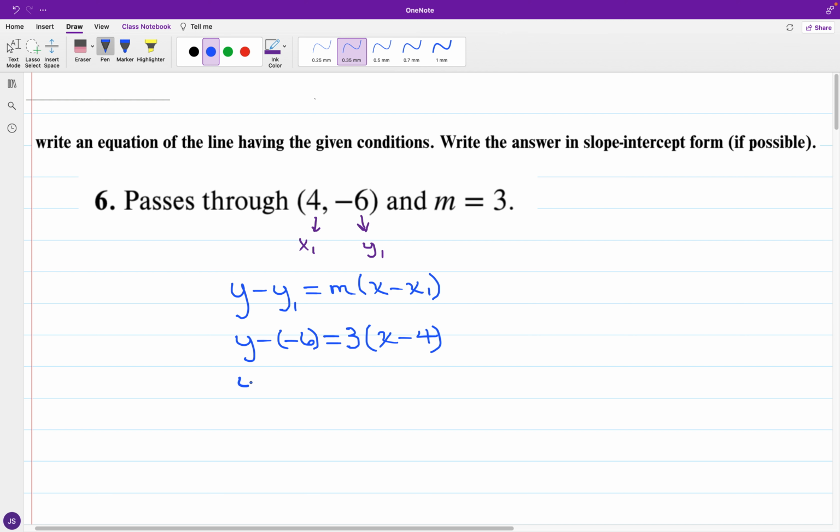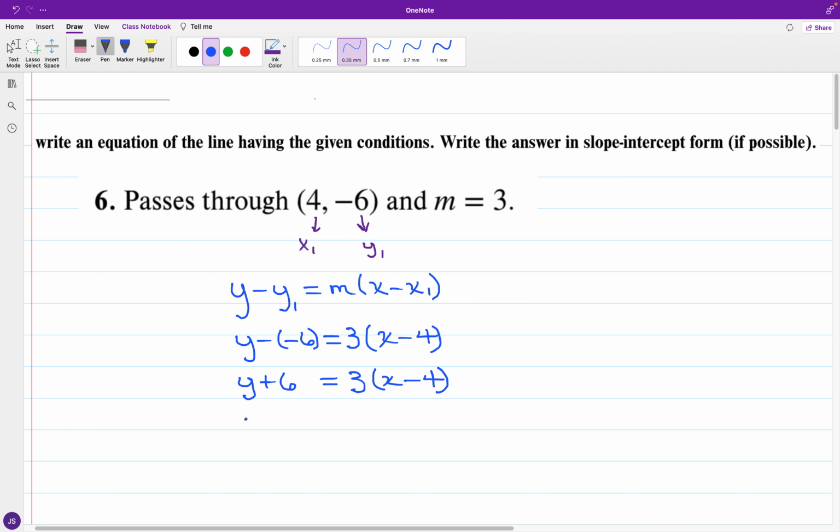Y minus -6 gives us y plus 6 is equal to, again, 3 times the quantity of x minus 4. So this part is the point-slope equation, but I want to translate it to the slope-intercept form.